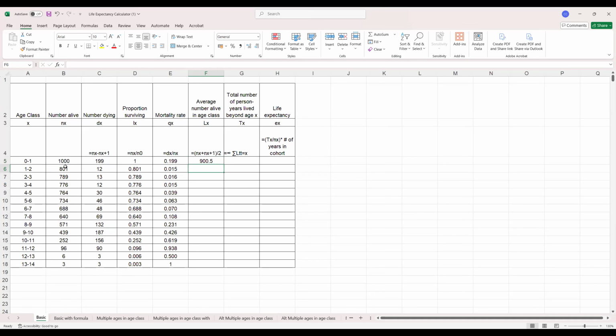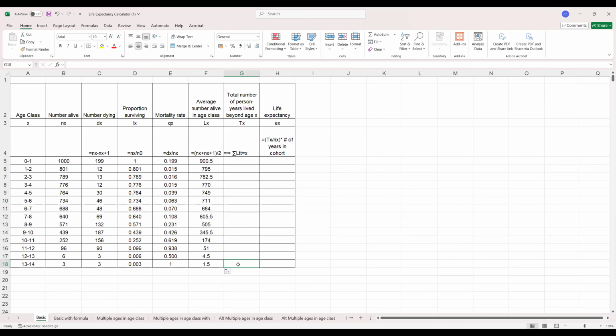Okay, so again, I get the number alive from one age class, the age class that I'm on, and then the next one, and then divided by 2. Okay, so you do that over and over. It's relative, so you can also just drag down the square, whichever you're more comfortable with.